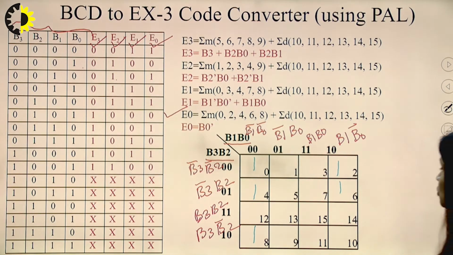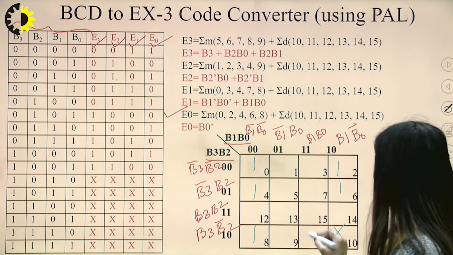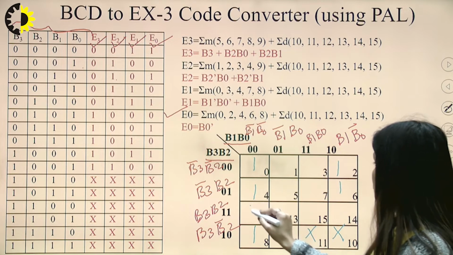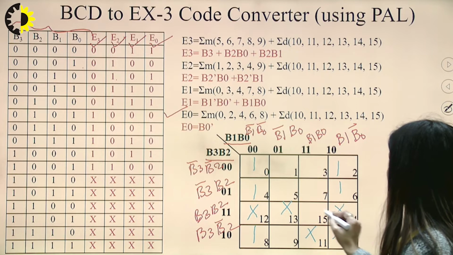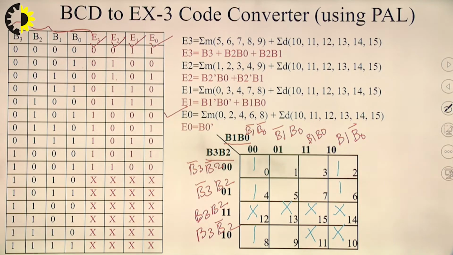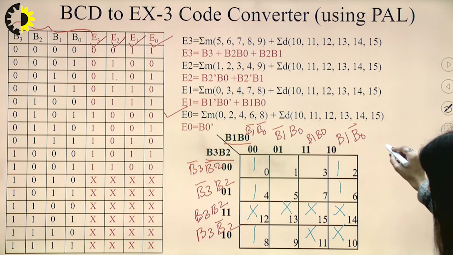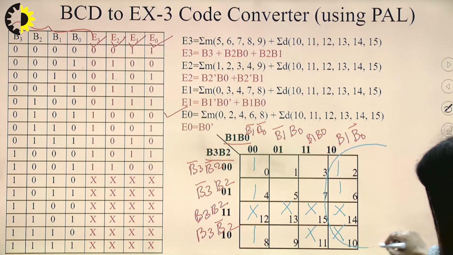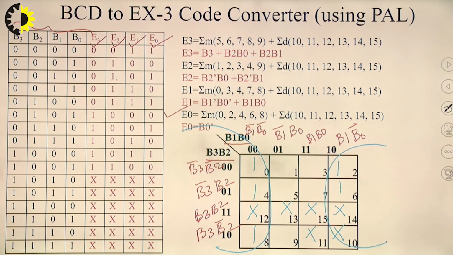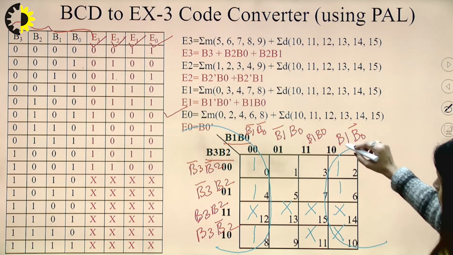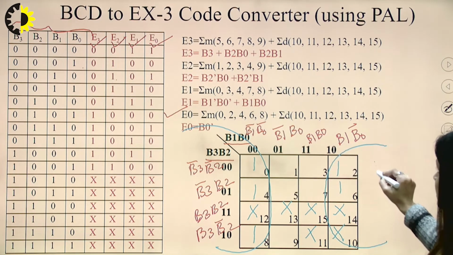After that, put don't care for 10, 11, 12, 13, 14. So we are obtaining one quad, and we are also having one octet. We will write the expression for this octet, and this comes out to be B0 bar.